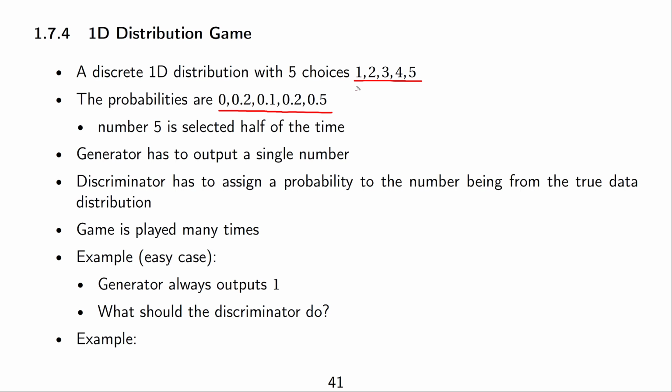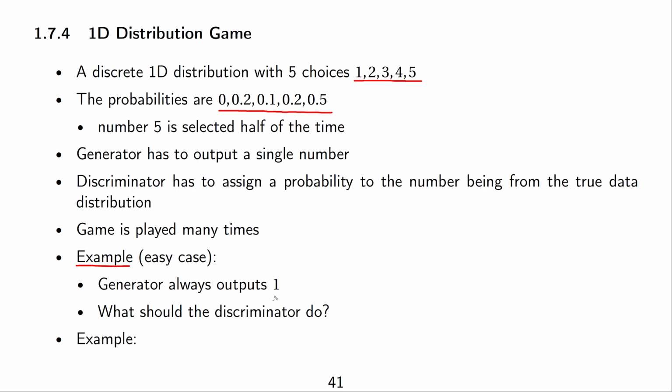To evaluate the game, we're using the GAN loss as introduced in the previous slide. Let's also say that the generator moves first, and in this example, the generator always outputs 1. That means the number 1. What should the discriminator do now?